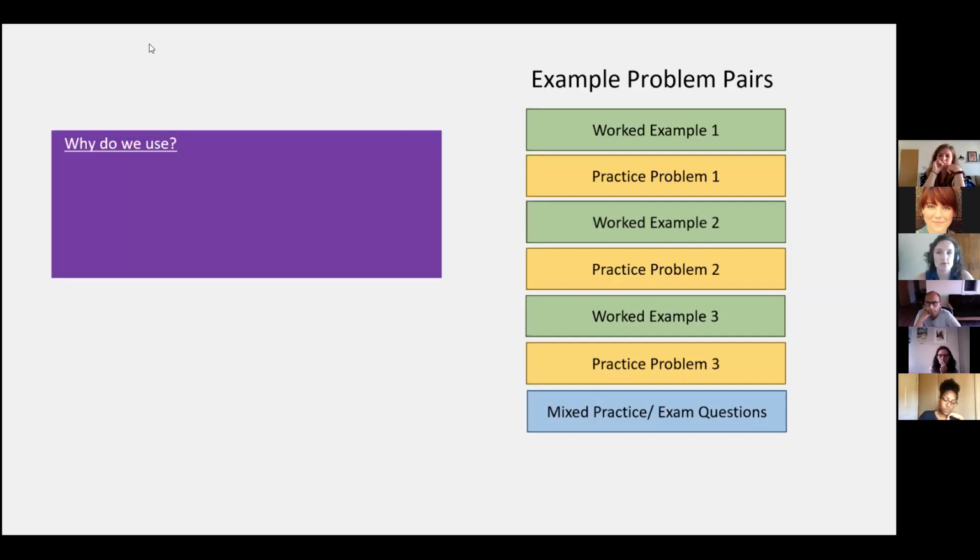Just to summarize. We use this because it enables us to focus the students' attention directly at where we want them to look. It removes the distractions, or reduces them if we're not in the classroom. And as a result, because those distractions are reduced and the focus is targeted, it reduces the cognitive overload, because the working memory is not having to do as many things.